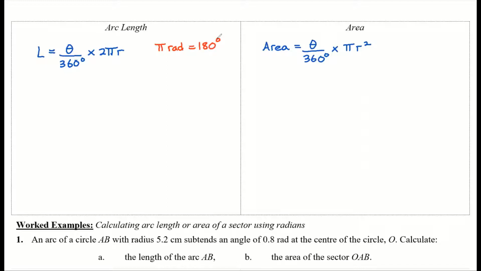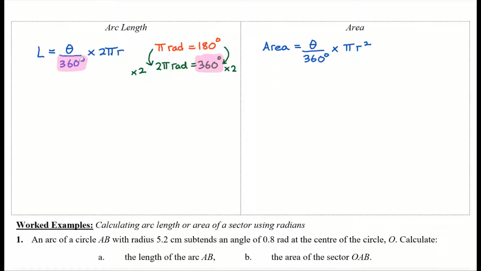Now we can do a little bit of direct proportion here. If I multiply both sides by 2, which we've done already, we can see that we're going to get 2 pi radians equal to 360 degrees. Now that we know that, I can do a straight swap between the 360 degrees given here and the 360 degrees that we can see in the formula over there.